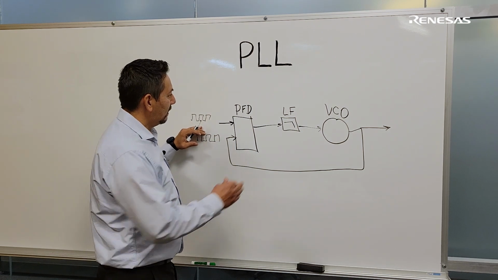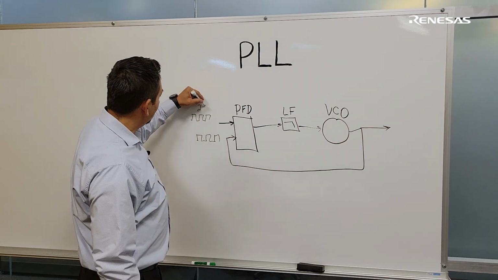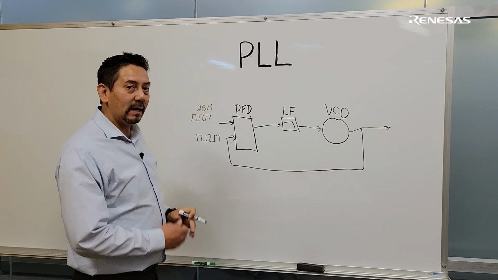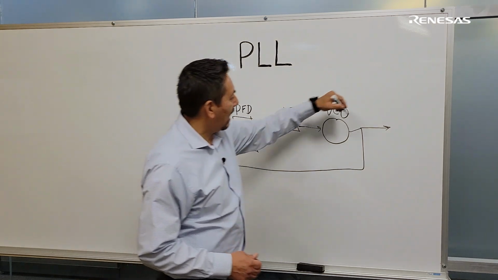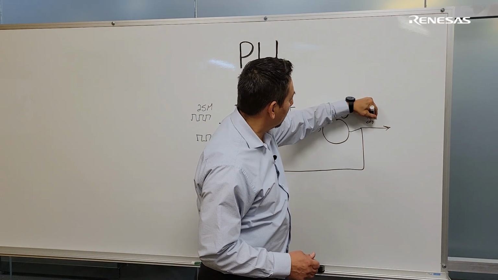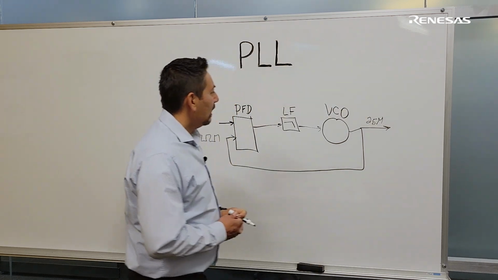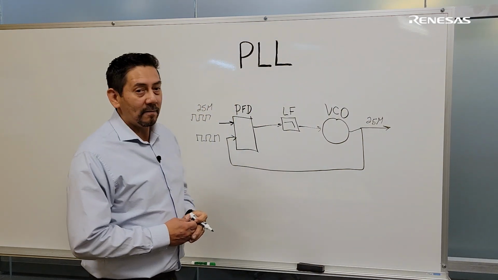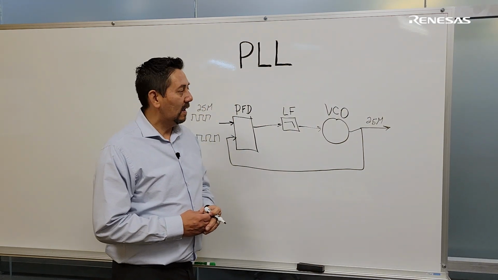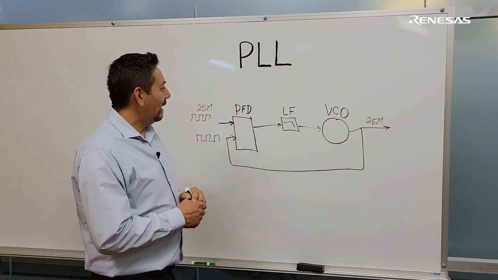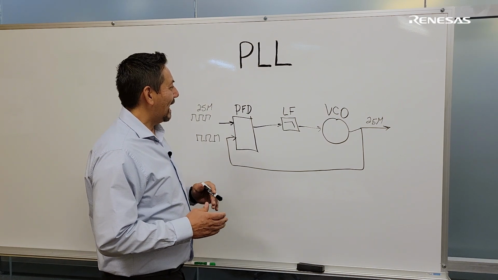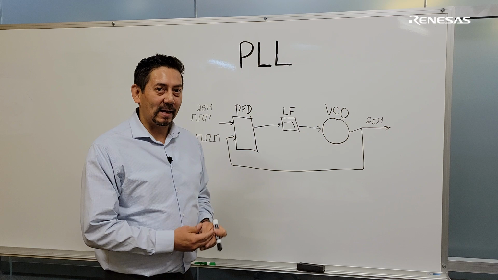So as I mentioned, there is this output. In this example, if we have a 25 megahertz input, we would have a 25 megahertz output. Now, PLLs can get very, very sophisticated. There are many things that can give it much more flexibility.